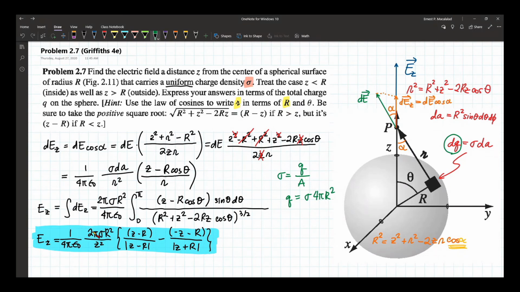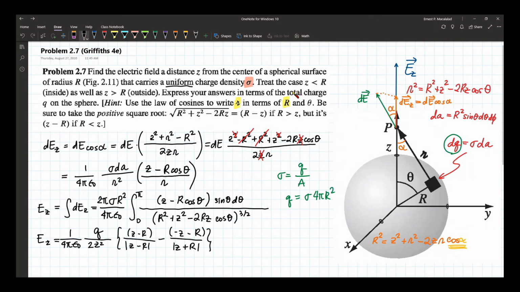So now we can rewrite this as follows. Because this is 2 pi sigma r squared, we have 2 divided by 2 here, and then this becomes 4 pi r squared sigma, so this becomes Q.